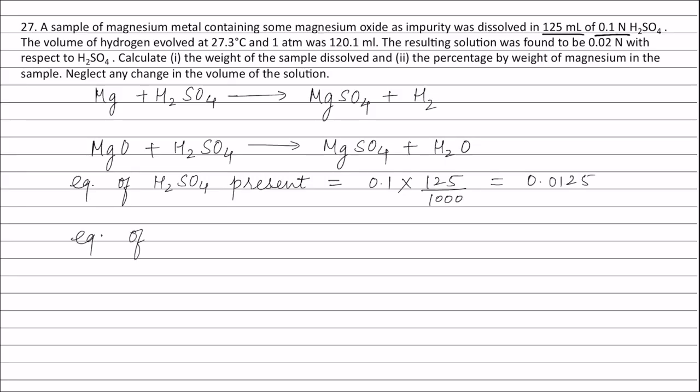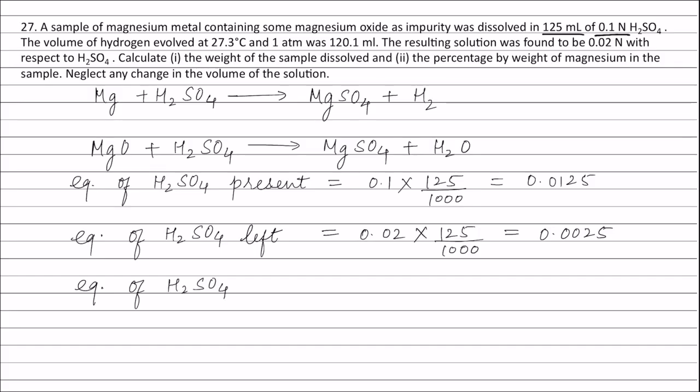Equivalents of H2SO4 left is equal to normality of H2SO4, that is 0.02 N, into volume of H2SO4 solution, that is 125 divided by 1000 liters, and this is equal to 0.0025 equivalents.